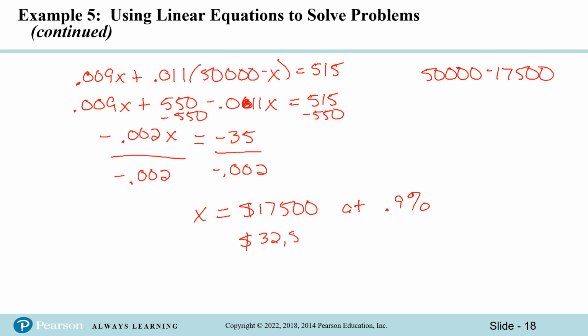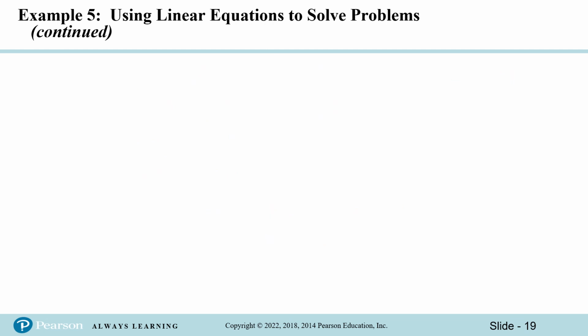So 32,500 at 1.1% interest. Very, very common word problem is with the different interest rates in two accounts.